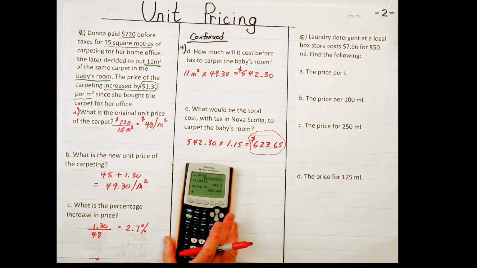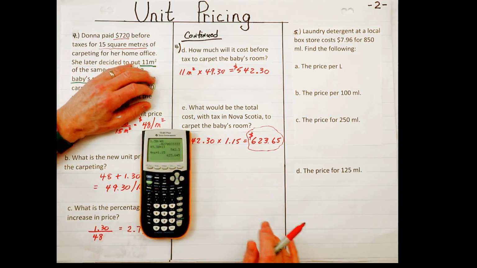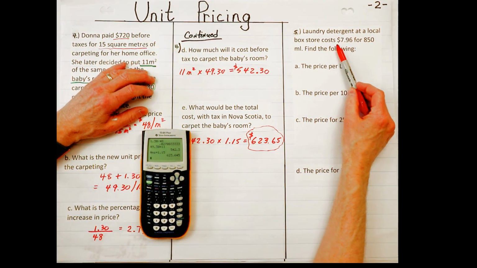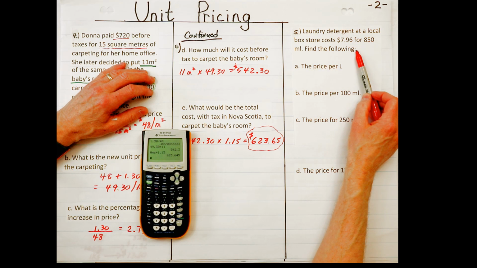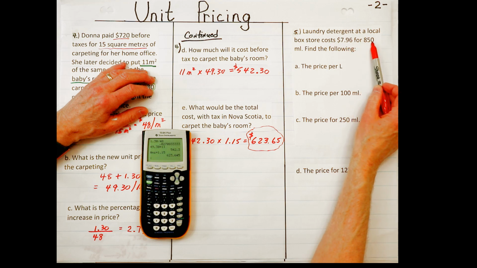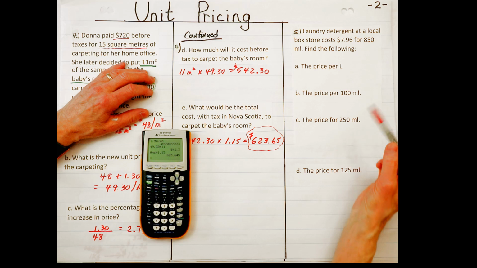Okay, number 5. Laundry detergent at a local box store costs $7.96 for 850 milliliters. Find the following. The price per liter. Okay, so what I'm going to do, it's an easier calculation, I think, if we do the 100 milliliters first.